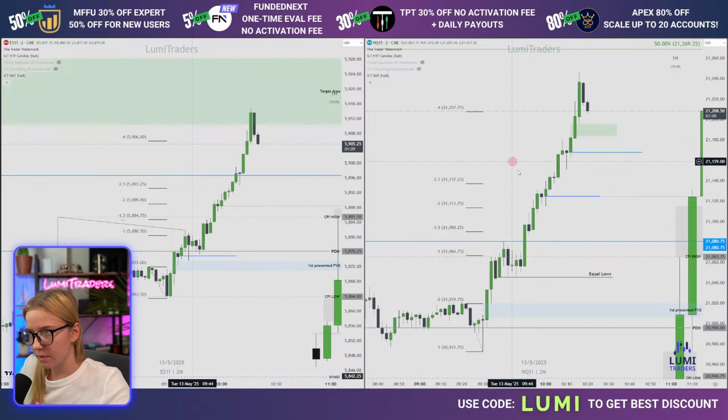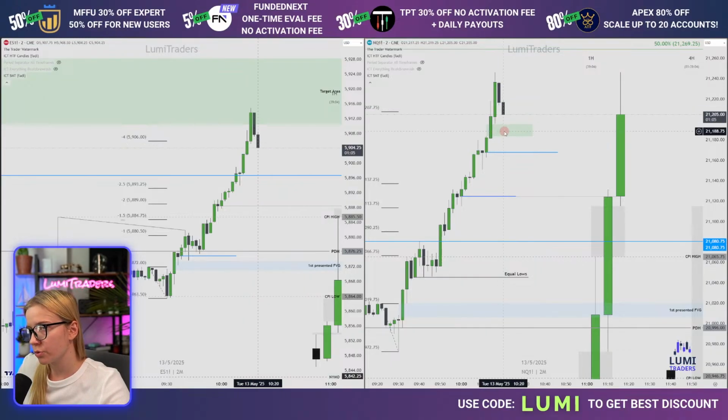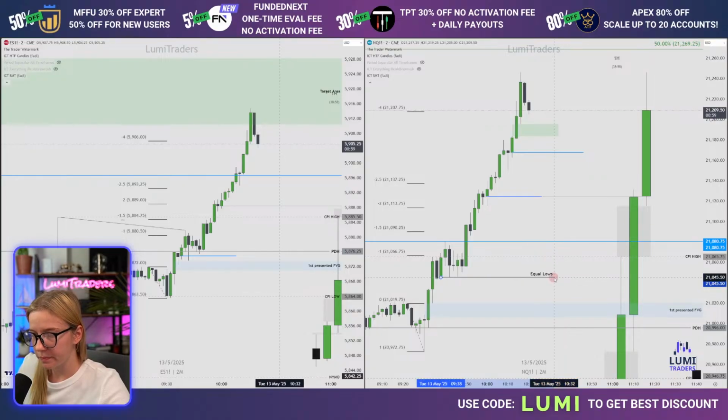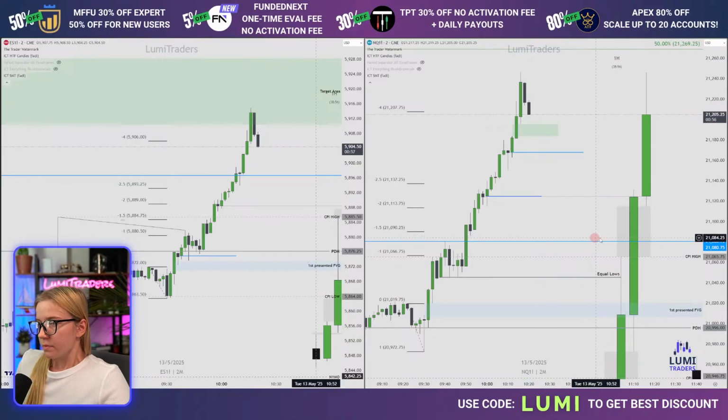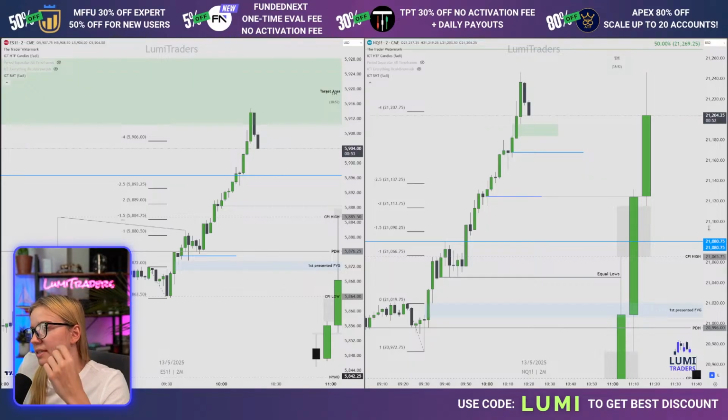Yes, the idea is to see if we may create a 2-minute order block to see the retracement back down to equal lows over here. Especially at left CPI low, CPI high taken on both ES and NQ.